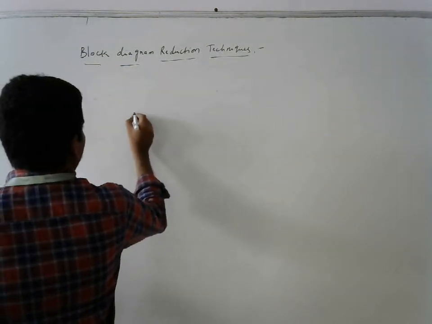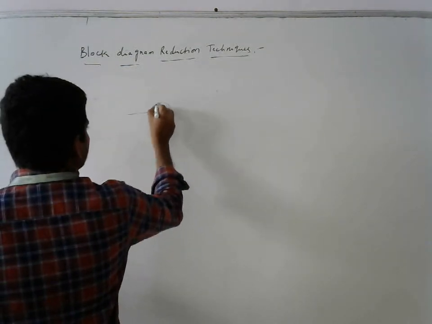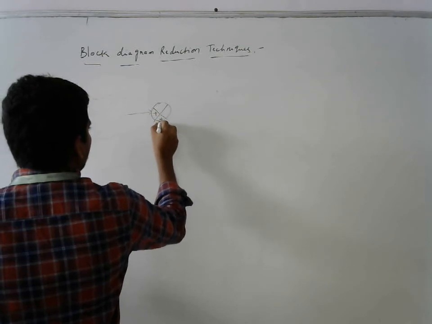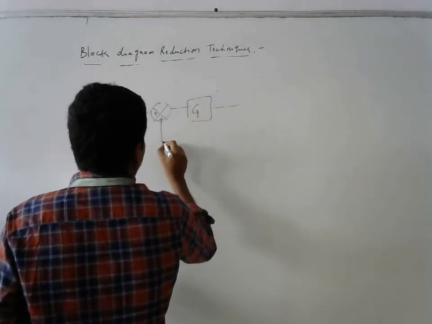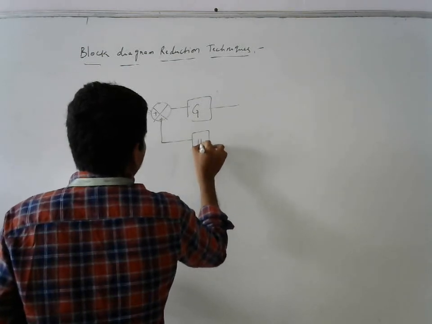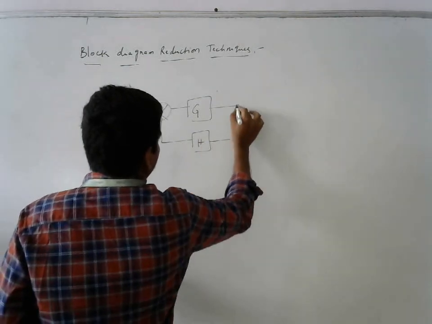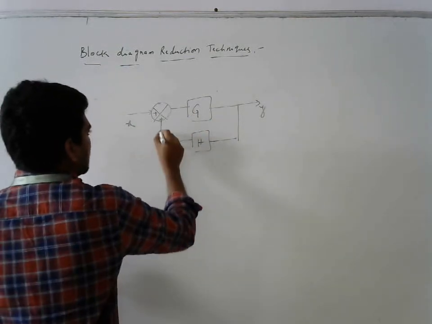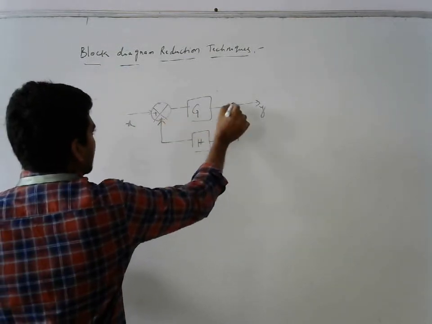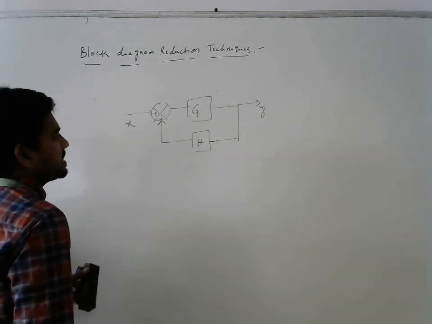For example, here the signal is like this. This is positive, positive. We are having a G and H here, and this is our output Y and input. This is a feedback. Why? Because see, the signal is going like this and coming back like this. That is a feedback.